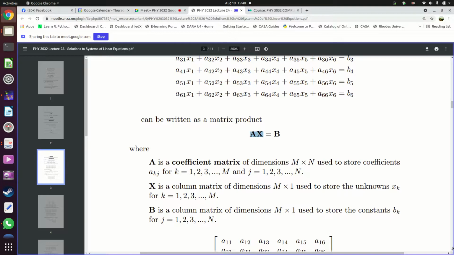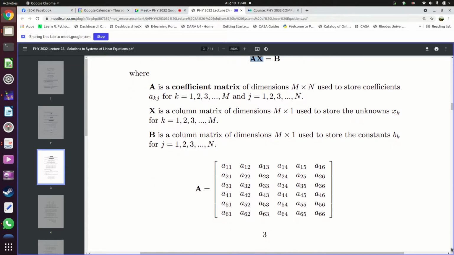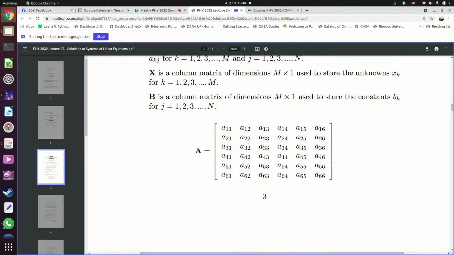Now when we put all our coefficients in a matrix, this is what we're going to have. Our matrix A is going to look like this: A11, A12, A13, A14, A15, A16; A21, A22, A23, A24, A25, A26; A31, A32, A33, A34, A35, A36; A41, A42, A43, A44, A45, A46; A51, A52, A53, A54, A55, A56; A61, A62, A63, A64, A65, A66.